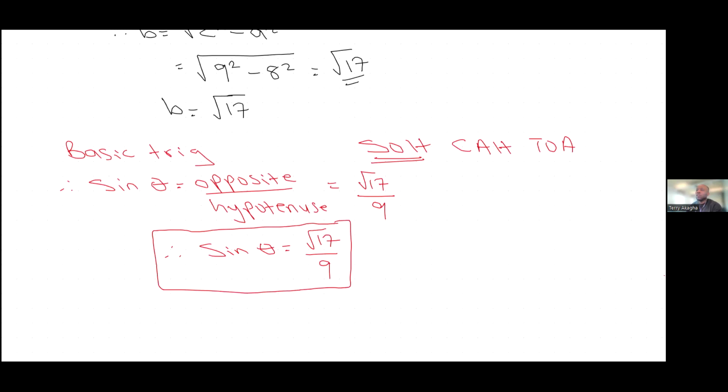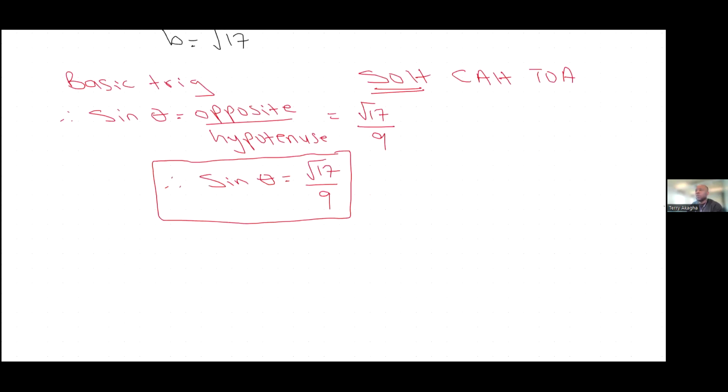Okay, so that was that for that. Now let's go to the next one, cosine. So cos theta is equal to adjacent divided by hypotenuse. Now, what's the adjacent here?